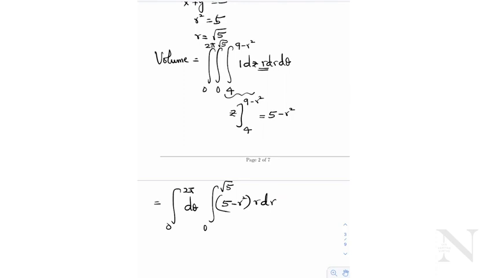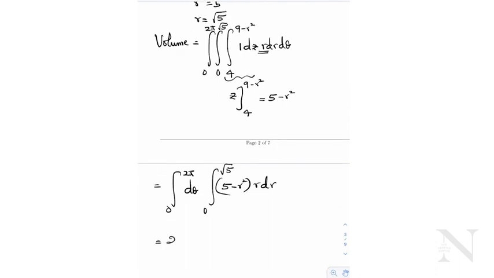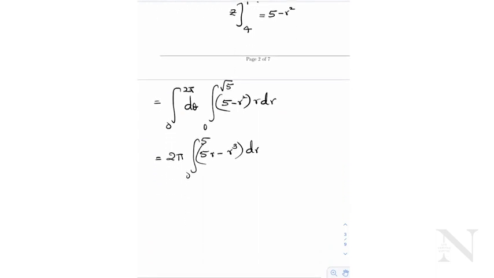That covers the entire solid, and that's equal to 2 pi times, not so fast, the integral from 0 to square root of 5 of 5r minus r cubed dr, and that is 5r squared over 2 minus r to the 4 over 4, from 0 to square root of 5.